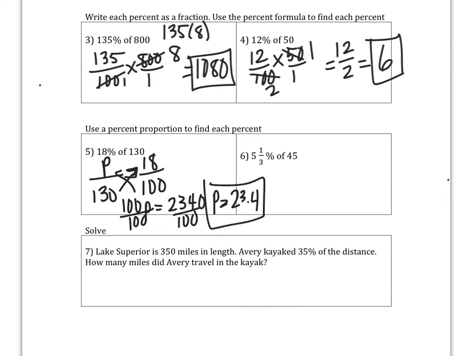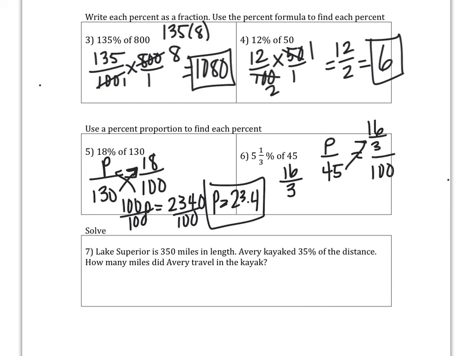This one, 5 1/3%, we're going to have to do something with that because it's a fraction in a percent. So let's turn that into an improper fraction. So that would be 16 over 3. And we'll set up our proportion, which is P over 45 equals our percent, which is 16 over 3 over 100.